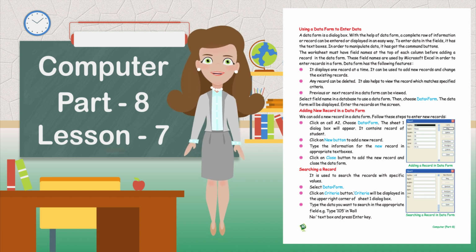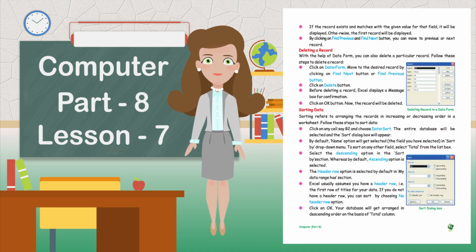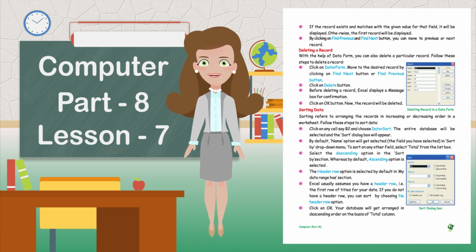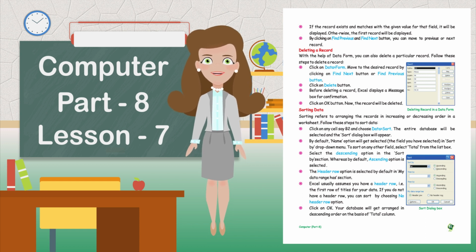For example, type 105 in the roll number text box and press the Enter key. If the record exists and matches with the given value for that field, it will be displayed. Otherwise, the first record will be displayed. By clicking on the Find Previous and Find Next buttons, you can move to the previous or next record.